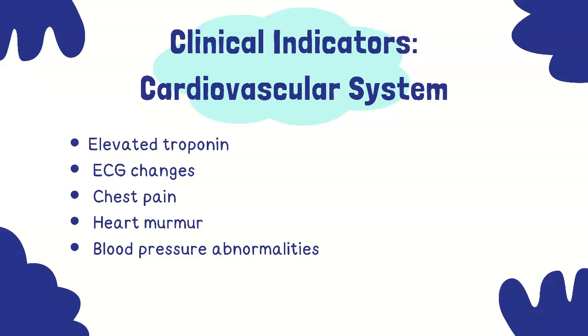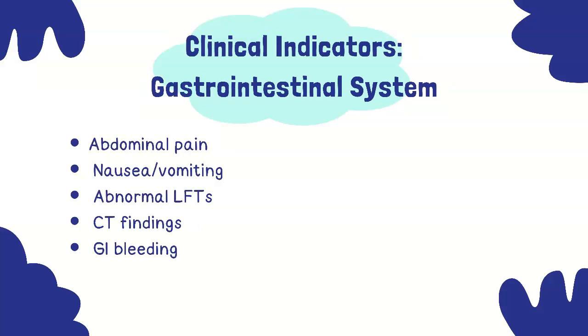Symptoms like chest pain, in particular when it's radiating to the arm or the jaw, raise concerns for ischemic events like a stroke. Newly detected heart murmurs could suggest a valvular disease. Blood pressure abnormalities, such as severe hypertension or hypotension, require clinical attention. So that's all for the cardiovascular system.